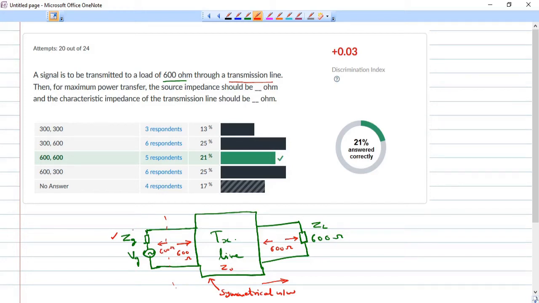Since ZG is the internal impedance of this voltage source, the value for this should be equal to 600 ohm, and the characteristic impedance of the transmission line should also be equal to 600 ohm. So that's the correct answer for this.